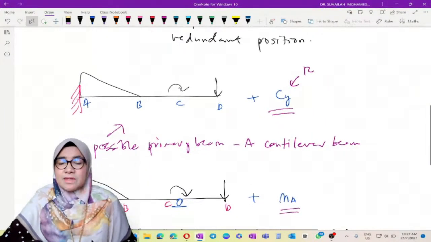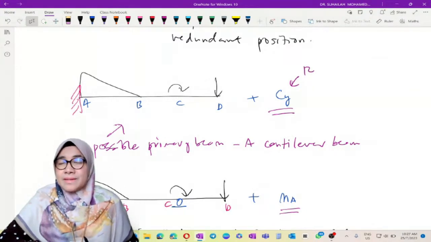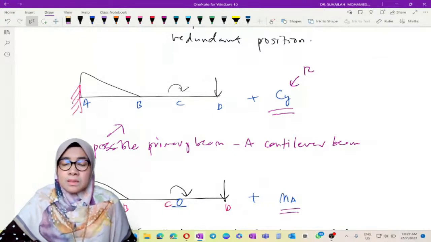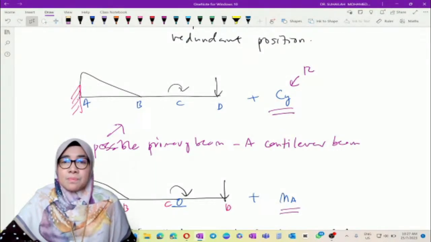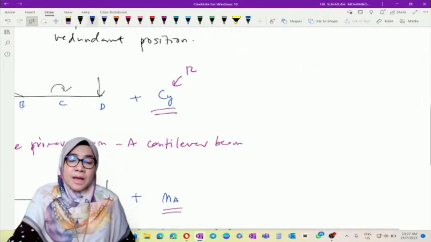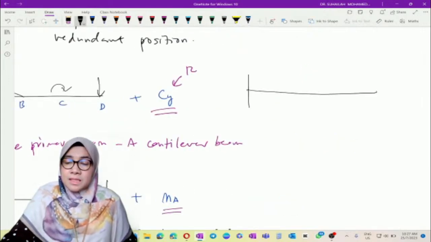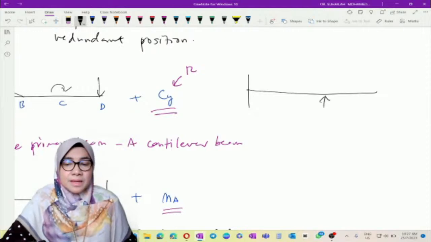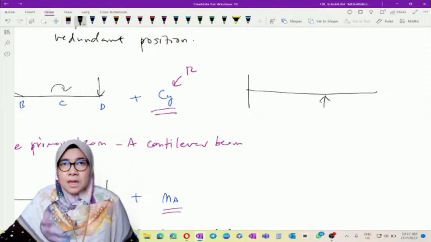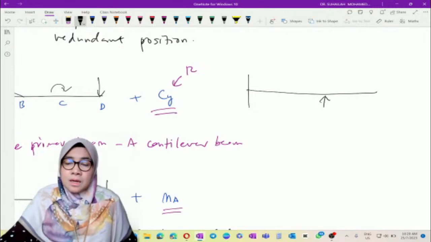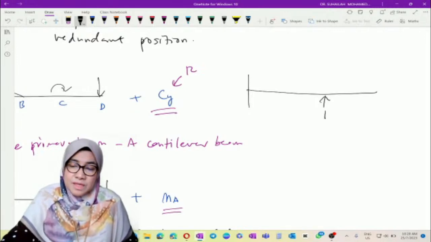Of course, for each redundant chosen, we will have a redundant beam or redundant system, and the redundant system will follow the type of primary beam. For example, if CY is the redundant, we will get the redundant beam as this, with CY as the redundant. The beam remains a cantilever, meaning both primary and redundant beams are cantilever beams, and we will apply a unit value of CY.